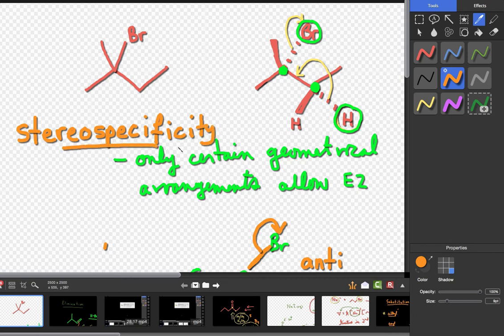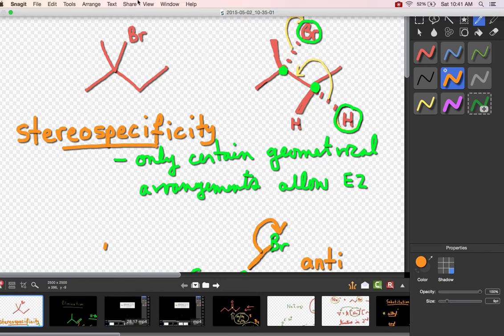And what I want to do now is look at an example where we can have either a cis product or a trans product to show you that we're only going to get one of those two.